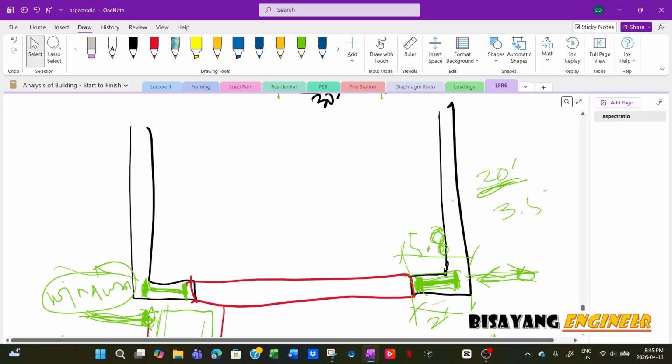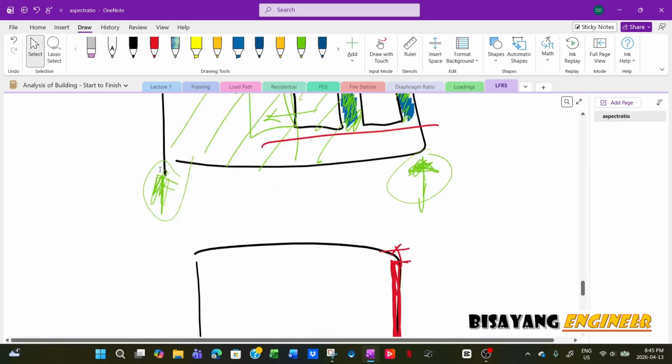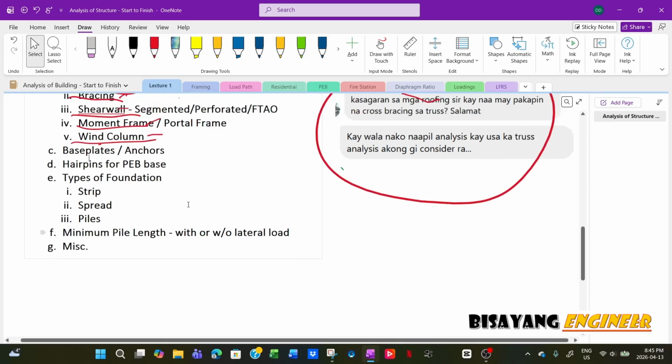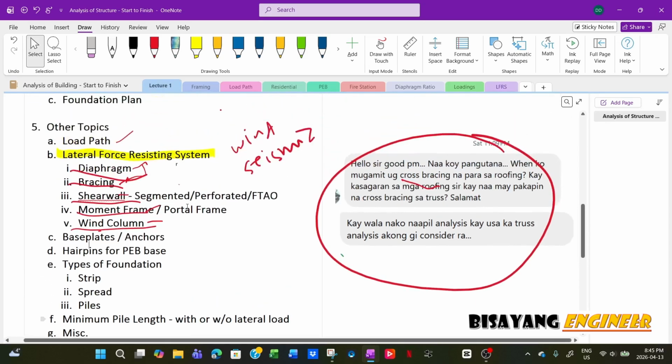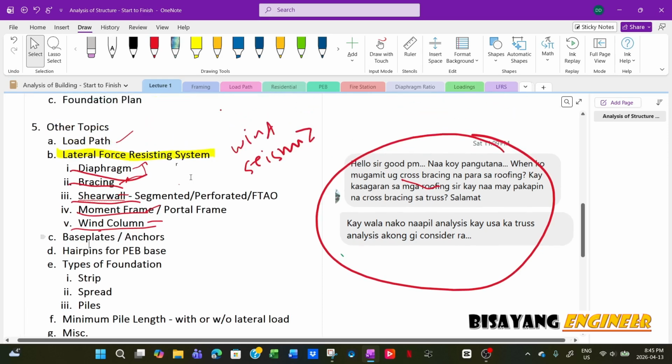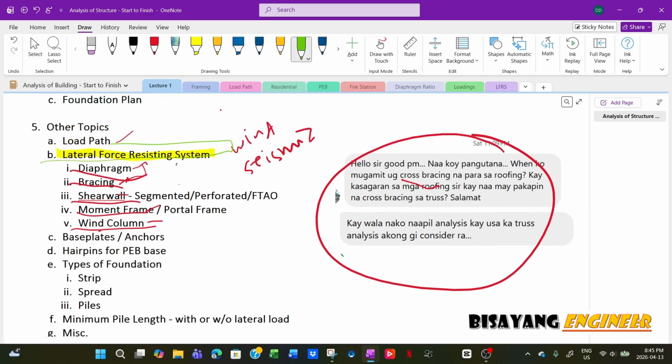So that's what the portal wind column is. And what else? Wind column, moment frame. We already covered that. So that is about the lateral force resisting system.